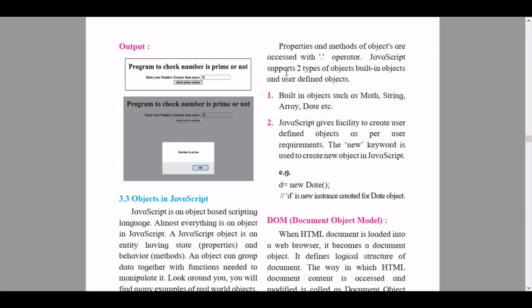JavaScript supports two types of objects: built-in objects and user-defined objects. Built-in objects such as math, string, date, array, etc. As I have made a video on the reduced syllabus as well, from our syllabus, the math object, date object and array object have been removed.